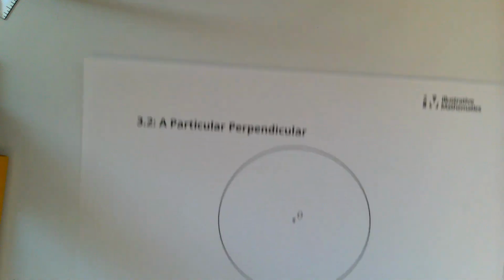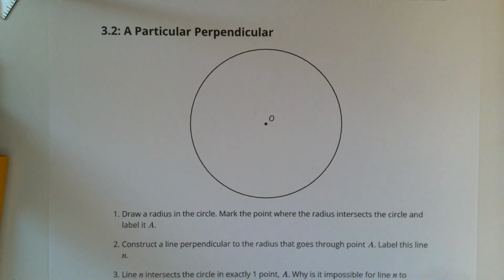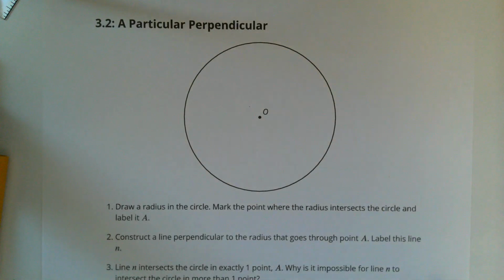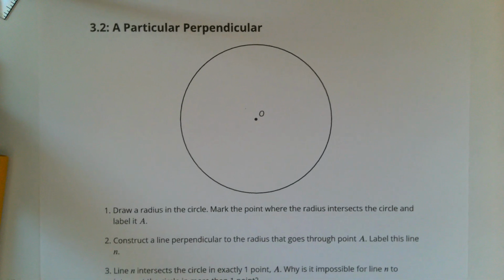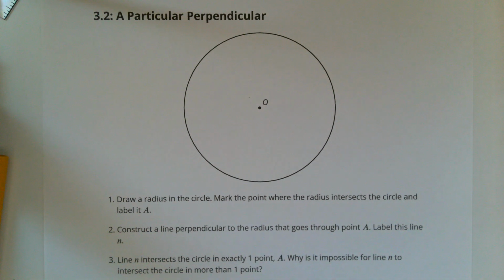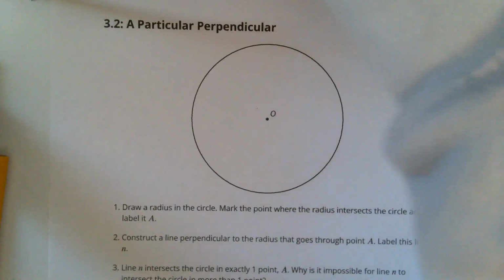Moving on to 3.2, we're going to have to draw some things. Do the best you can with the tools that you have at your disposal right now. It says draw a radius in the circle. I have a straight edge on my protractor that I'm going to use.